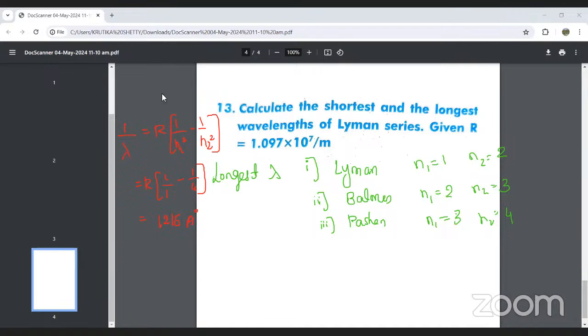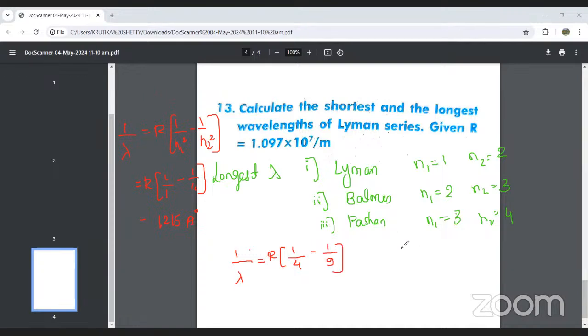So now the Balmer and Passion series. Do it, students. Yes, Lyman is 1215. What about the other two? For the Balmer series, 1 by lambda is equal to r into bracket 1 upon 2 square, that is 1 upon 4, minus 1 upon 3 square, is 9.